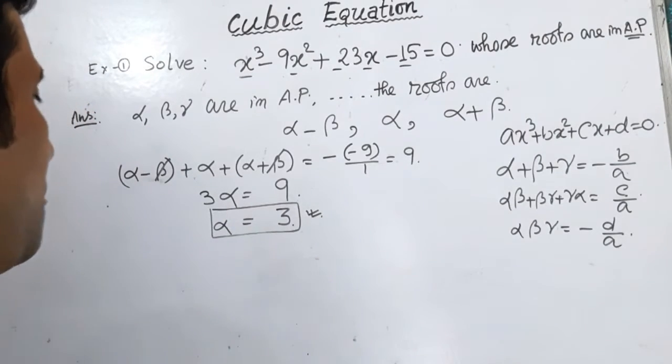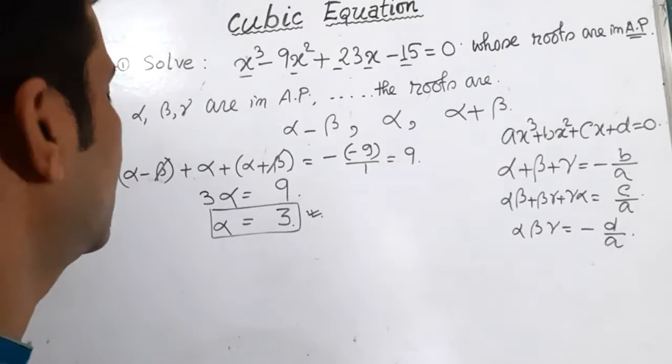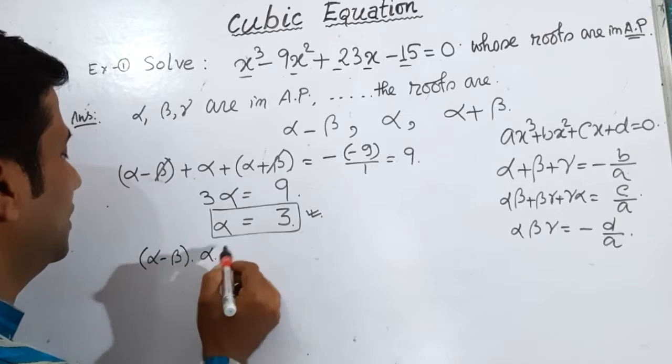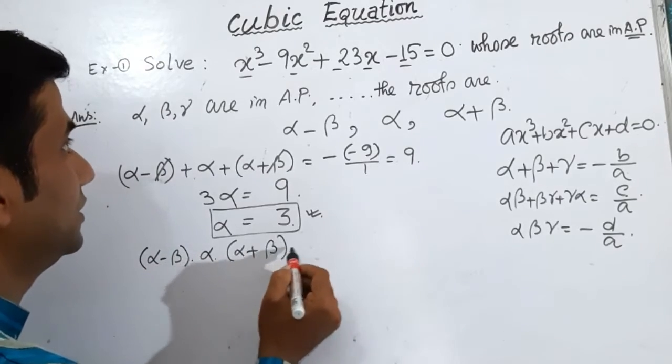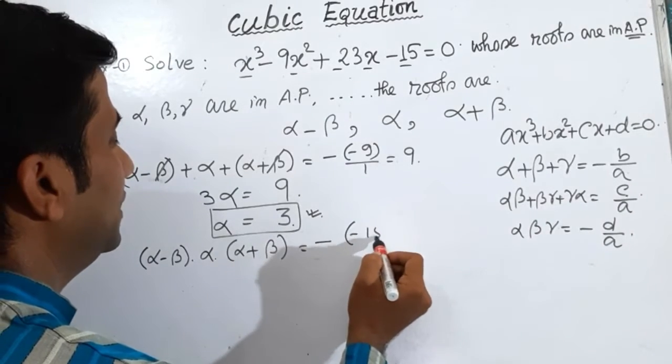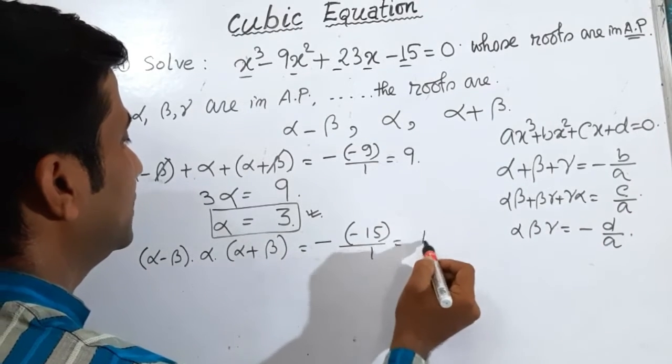We get one root. Now from the third relation, (alpha - beta) alpha (alpha + beta) is equal to -d/a, that means -(-15)/1, that is 15.